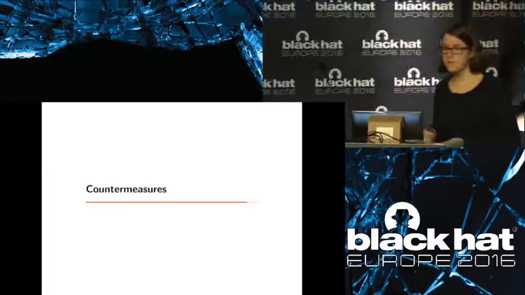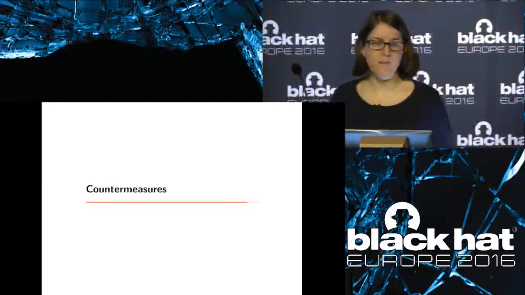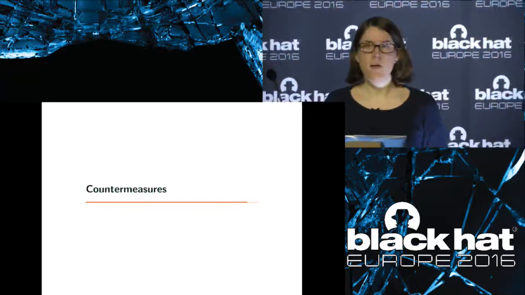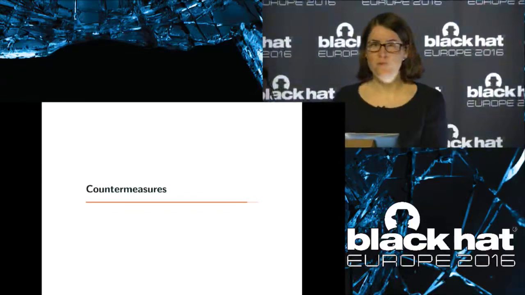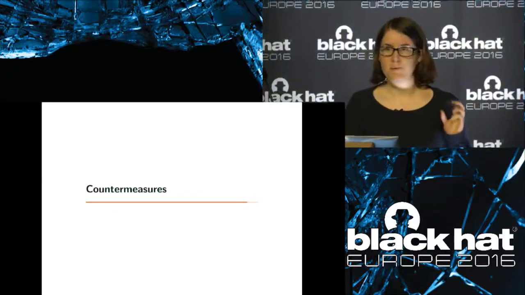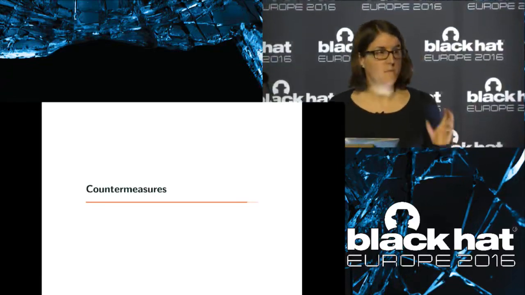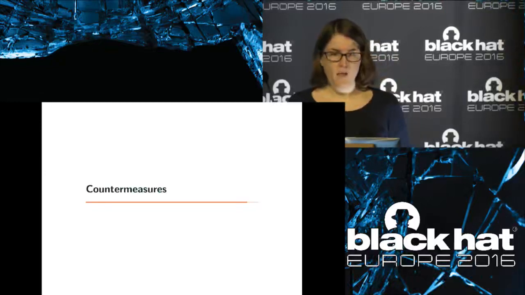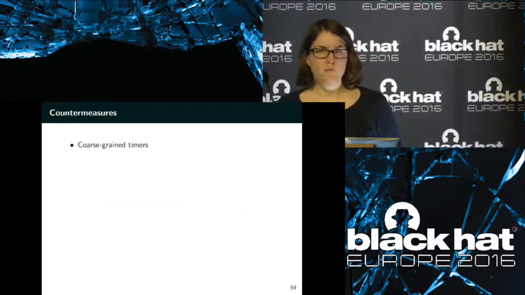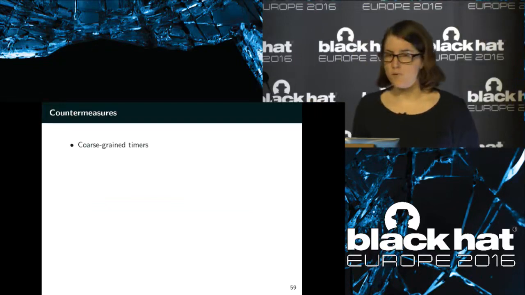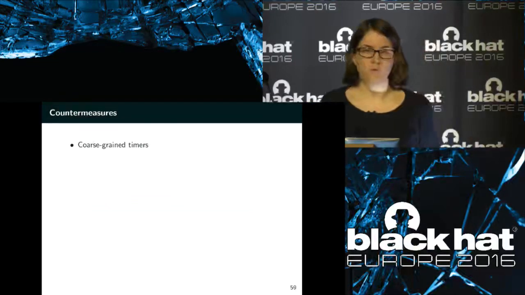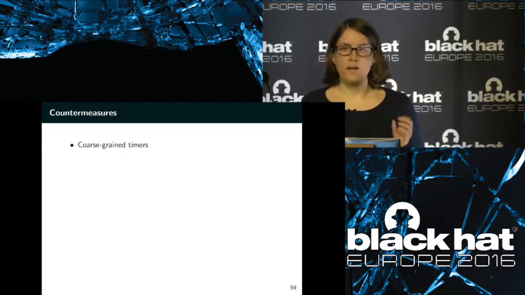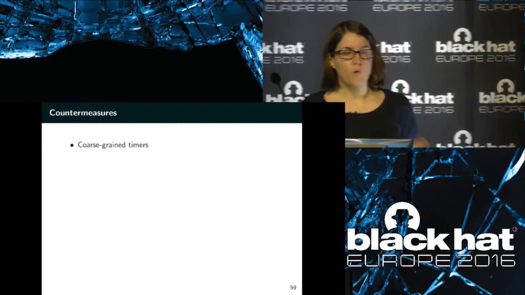Yeah, so the first thing to know is that we have had cache attacks on Intel CPUs for a good decade now, and we still haven't found a good solution to prevent them because they use this really crucial element for performance, that is the CPU cache, and we cannot just get rid of the cache. It doesn't make any sense. So a first countermeasure that had been proposed for Intel CPUs was to have more coarse-grained timers, because we really need to find the difference between cache hits and cache misses, and that is in the order of nanoseconds.